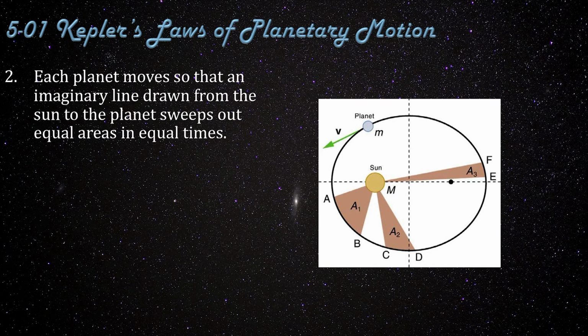Kepler's second law is that each planet moves so that the imaginary line drawn from the Sun to the planet sweeps out equal areas in equal times.